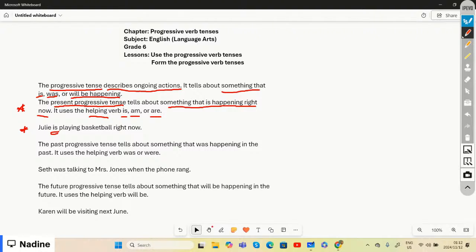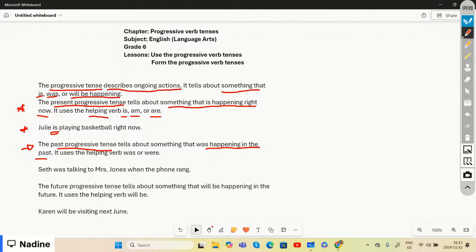All right. And then we have the past progressive tense. The past progressive tense tells us about something that was happening in the past. Anything that happened in the past was, because it happened already.